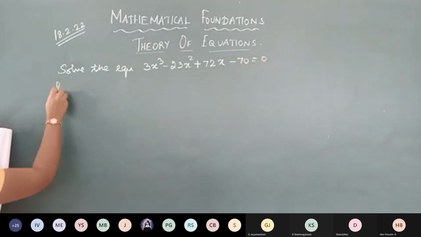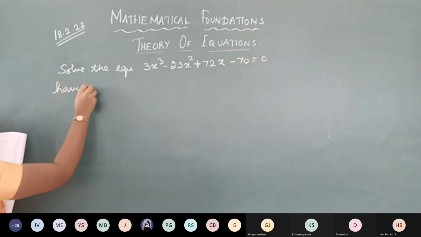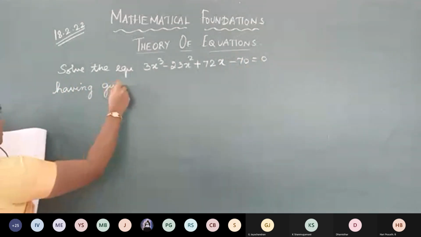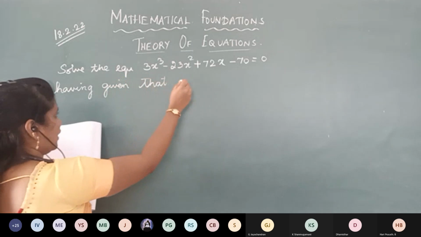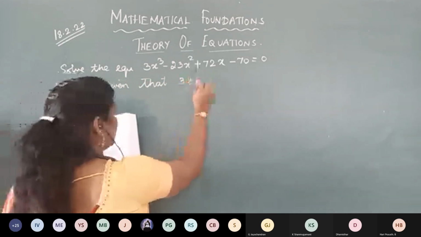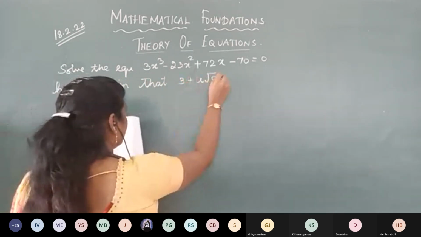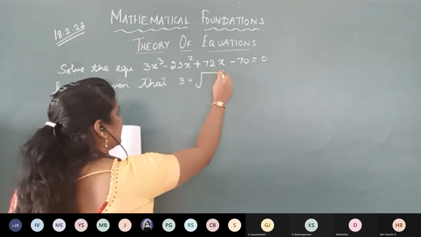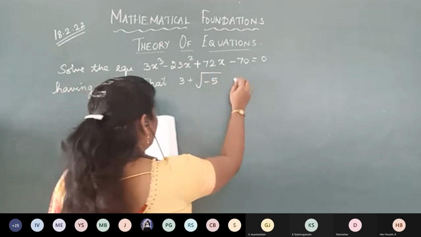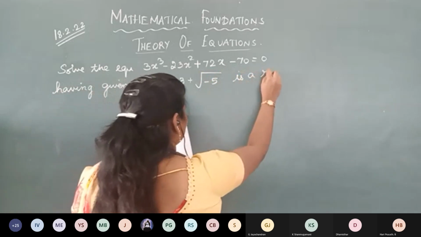Having given that 3 plus i root 5, or they can give it like minus 5 is the root.